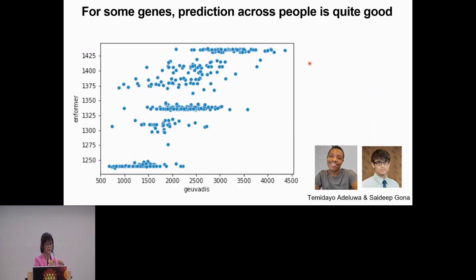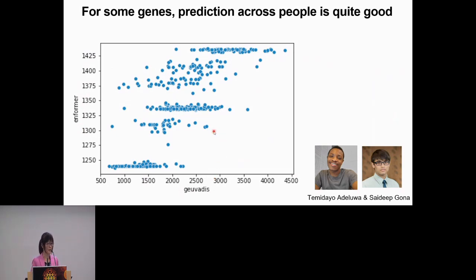They plugged the personal DNA sequence of these individuals into Enformer and predicted expression levels in LCL, lymphoblastoid cell lines. Here the y-axis is the Enformer prediction, and the x-axis is the observed RNA-seq data from the GEUVADIS project.